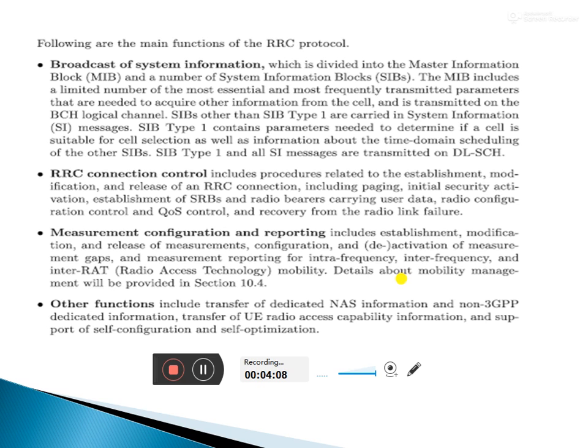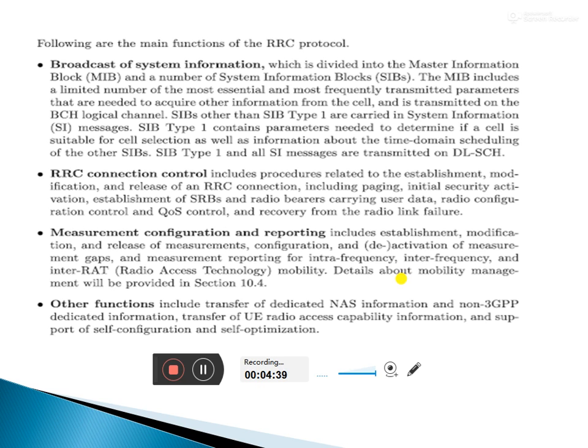First, what is the function of the MIB? In the MIB there are a limited number of the most essential and frequently transmitted parameters. Whatever the most essential information is, we have to pass it with the help of the broadcast channel.